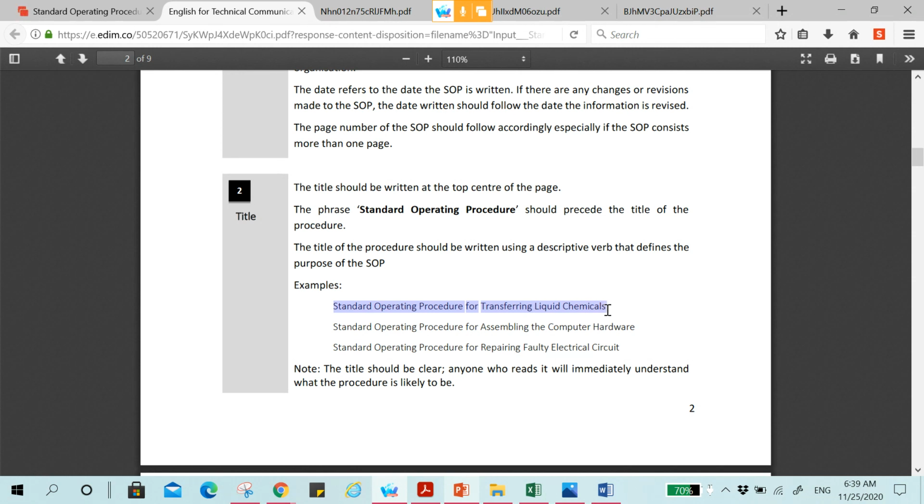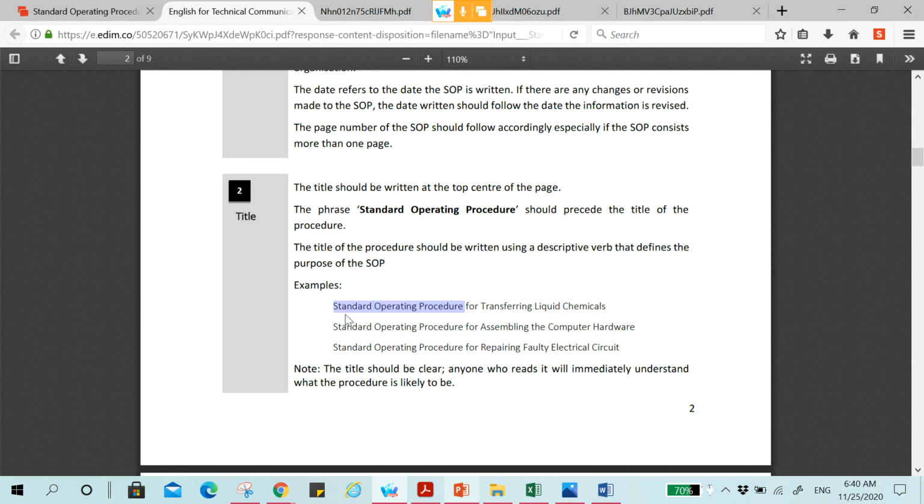Okay, so as you can see here, we start with Standard Operating Procedure. So you need to spell out the SOP, meaning you cannot write SOP for transferring liquid chemicals, but you need to spell it out.